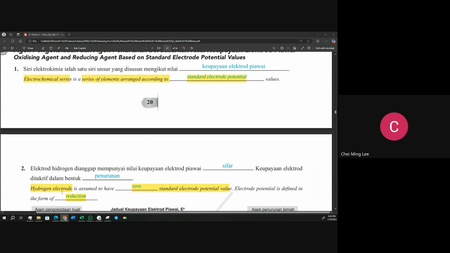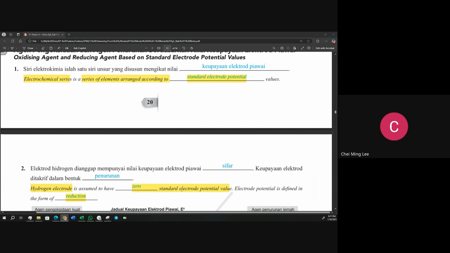Your hydrogen electrode is assumed to have zero standard electrode potential value. Why? Because we set it as the reference point, like numbers, which all start from 0. So we use 0 as the datum point, the reference point.